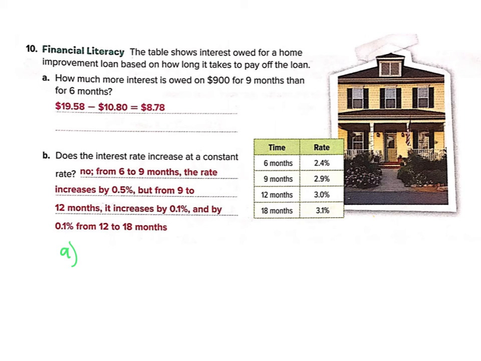Because if $900 is my principal, I equals 900 times, my rate is determined on the month. So first we have to solve for 9 months, which is 2.9%. So I would write this as 0.029. And it's for 9 months, so it's 9 over 12, which if I convert that to a decimal, 9 divided by 12, I would get 0.75.